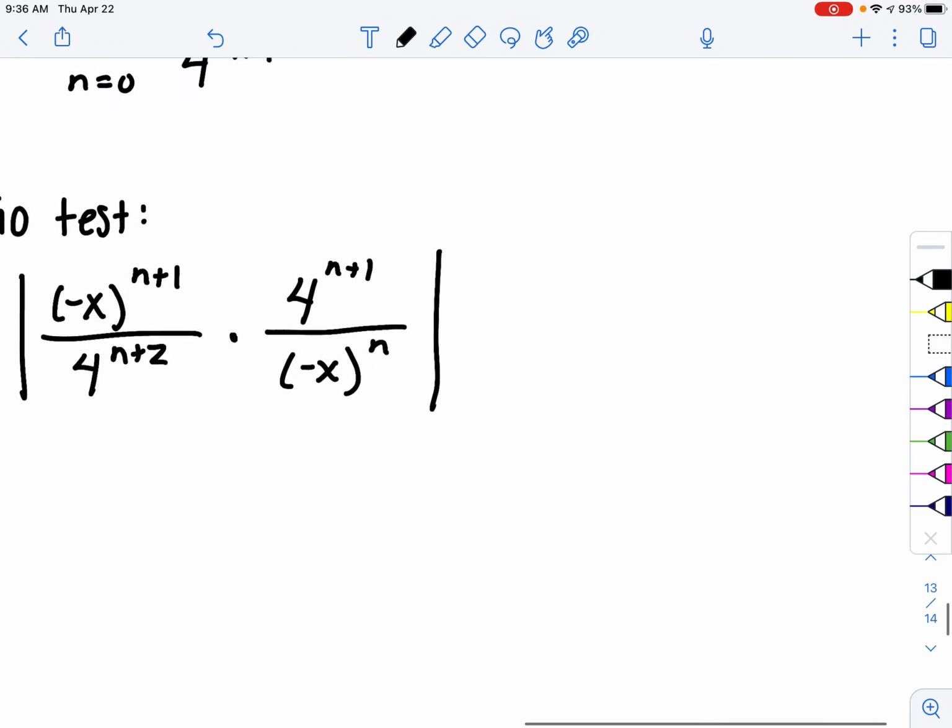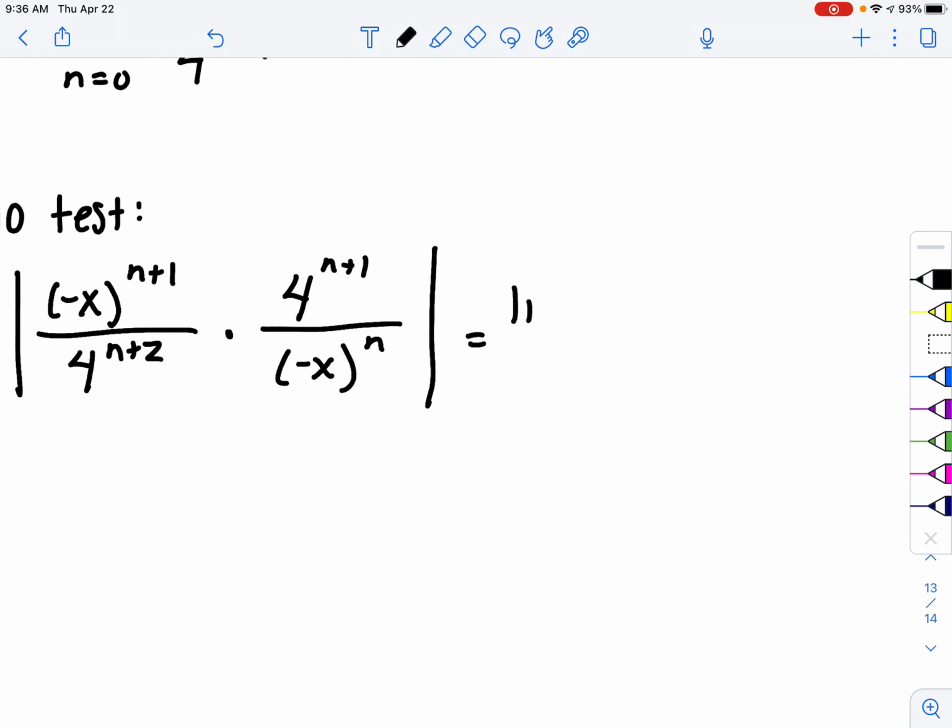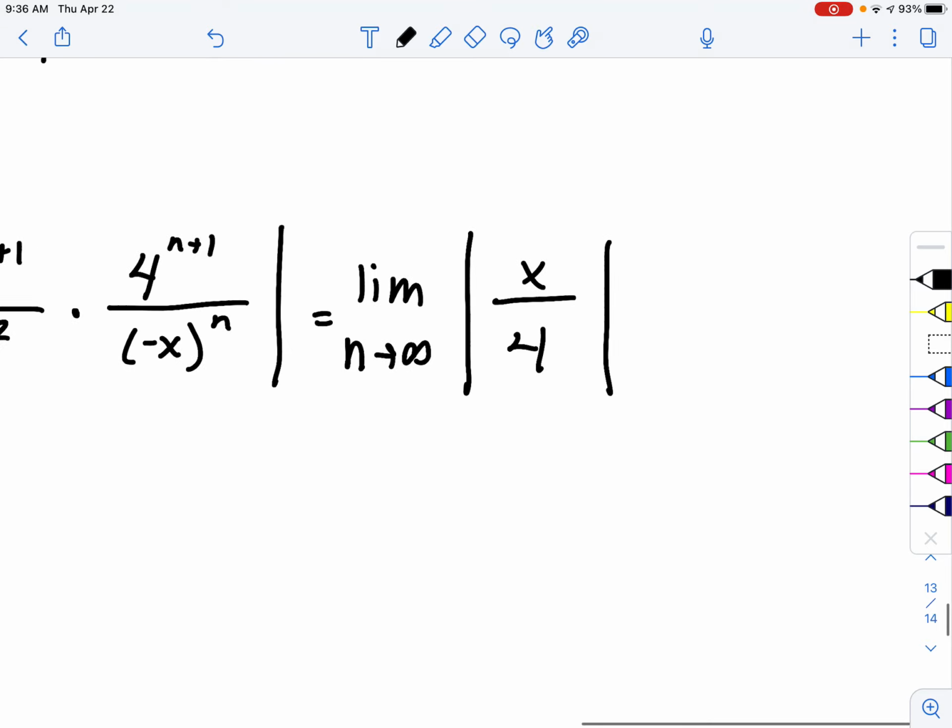Now the absolute values are going to take care of those negatives, so I'm going to drop the negatives out. So I'm going to end up with x over 4, right?